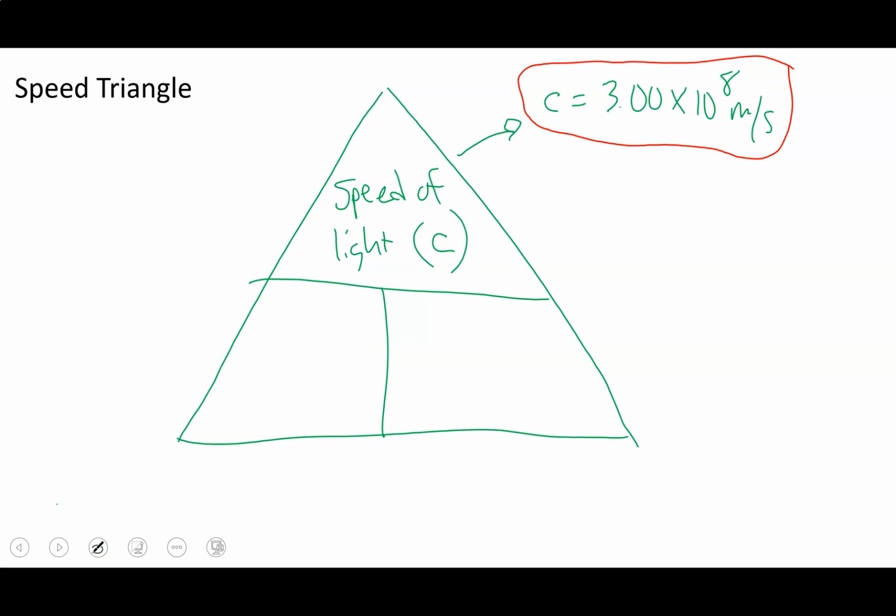Now, when we look at the speed, we're going to do this based on the wavelength and the frequency. So we'd say, well, what's the frequency? Okay, so this is our frequency. And this again is measured in hertz. Okay, so you'd have to have it in hertz in order for it to work. And then you'd have your wavelength, and that's that same symbol that we've seen before. And that's going to be in meters. So we would take this in meters. This is the wavelength.